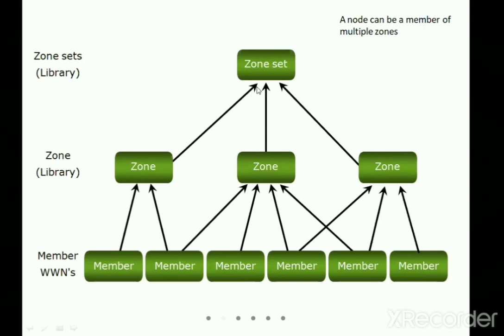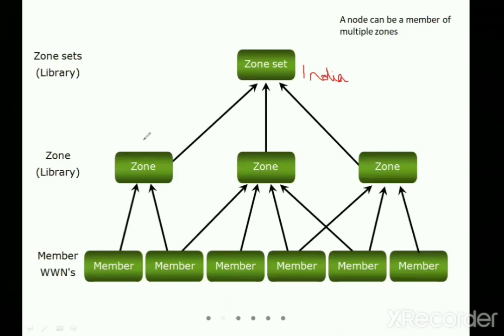Now you can check that one or more states can be interconnected with another state also. For example, let us assume this is India, taken as a country, that is a zone set having the different states.